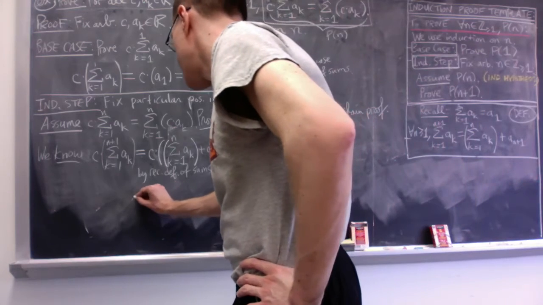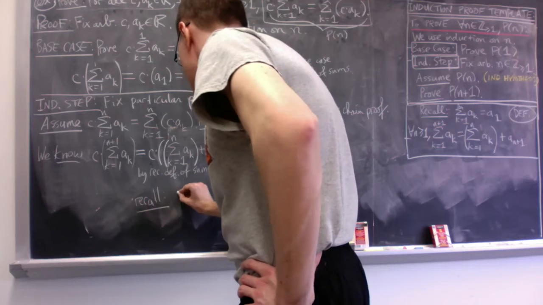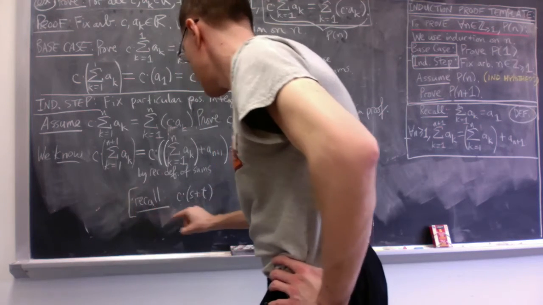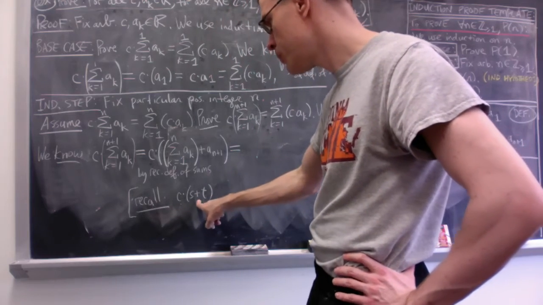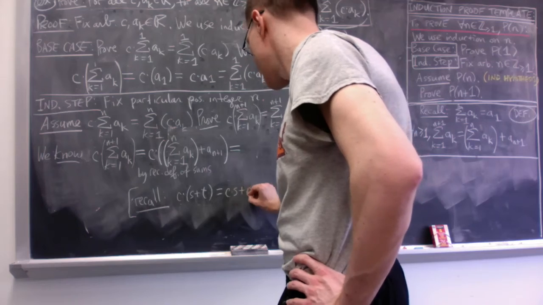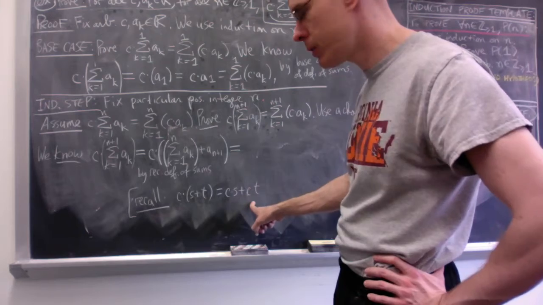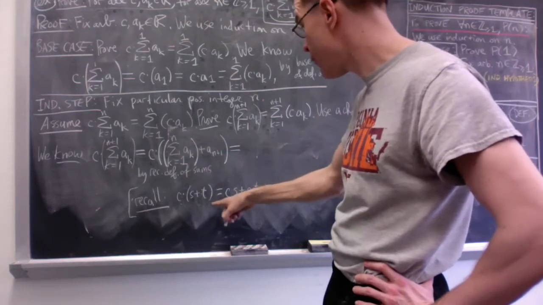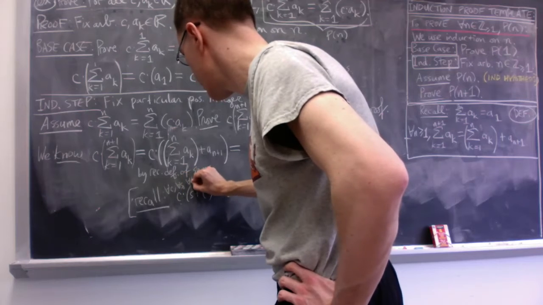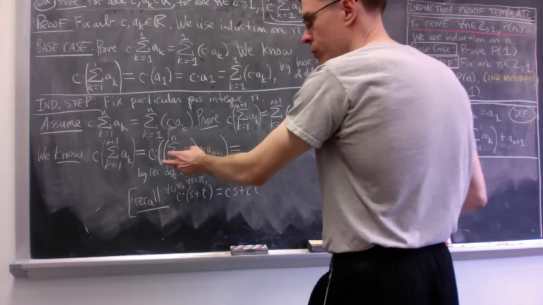So recall, for instance, by the distributive law for the reals, if I just had two numbers, like this, C times S plus T, we had an axiom about the real numbers that said that's C times S plus C times T. And that's exactly, and for every C, for every S, for every T in the reals, that was true.